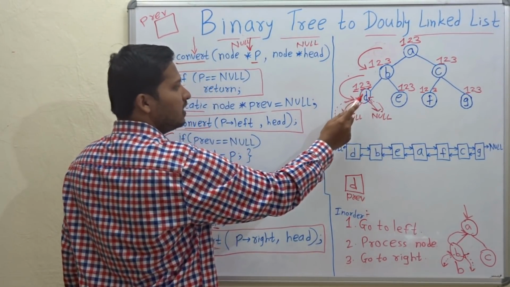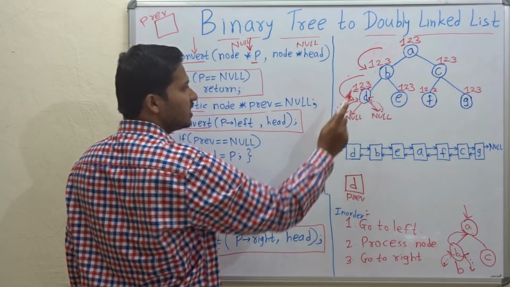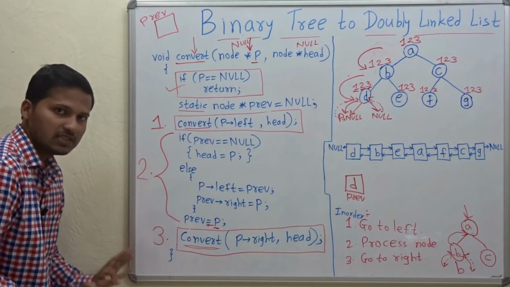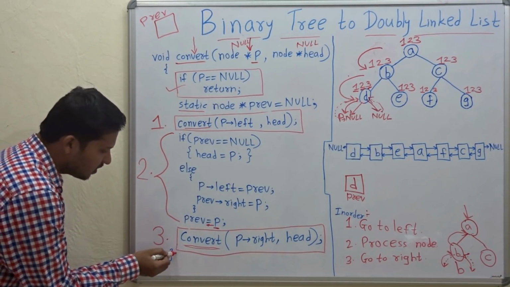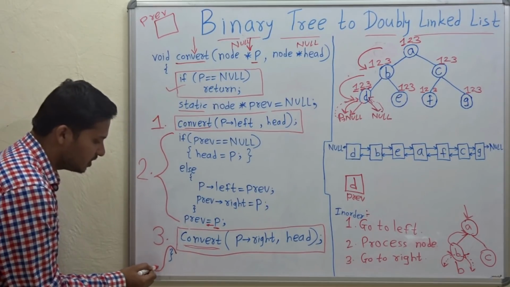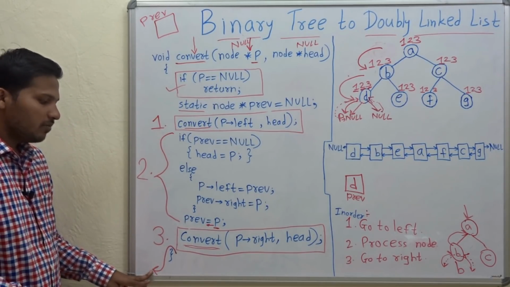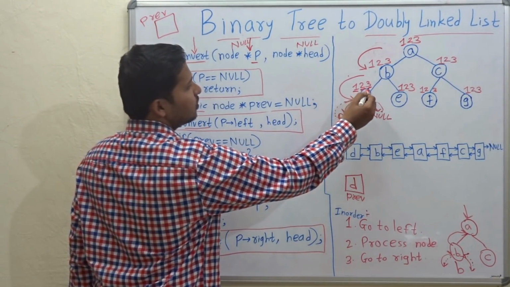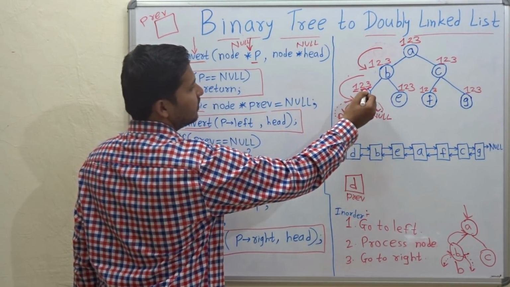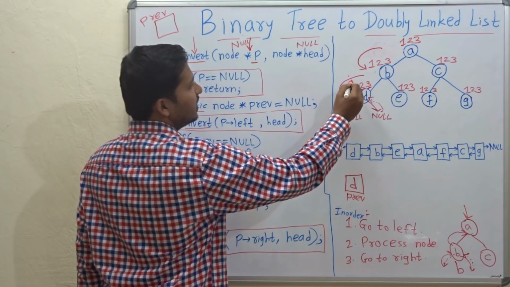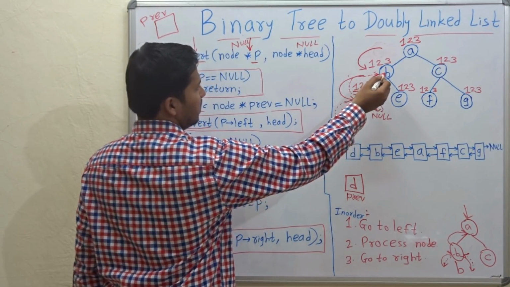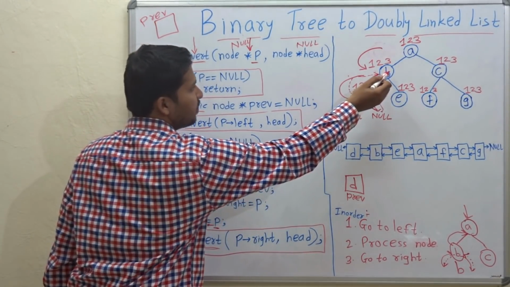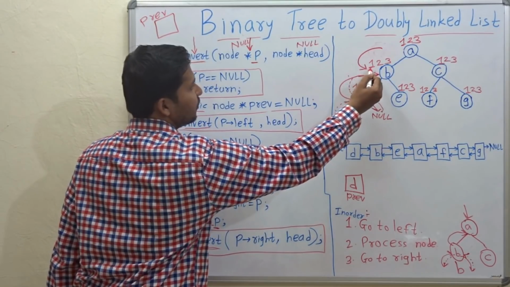For D, as all the three steps, 1, 2 and 3, are over, we come outside the function. That means we come outside the recursion for D and we return to B. Because we came to D from its parent B as the first step.